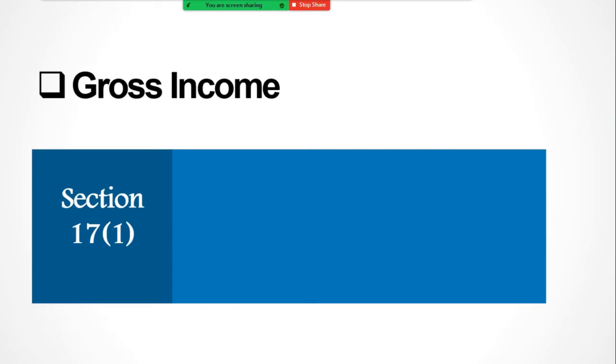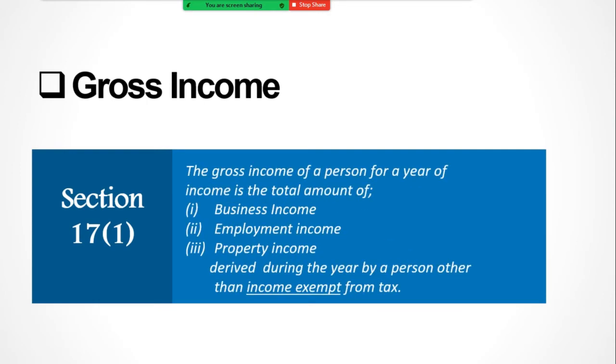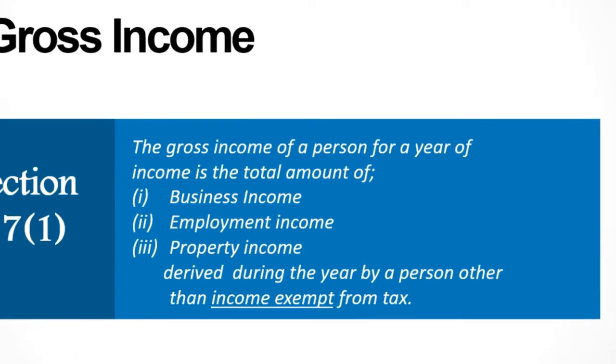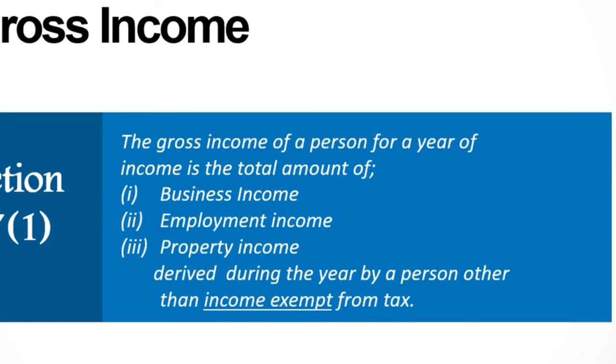Section 17 of the tax law comes out to explain the composition of gross income. Now, as you can see, all these are income heads, okay? Business income, employment. We have business, we have employment, we have property.